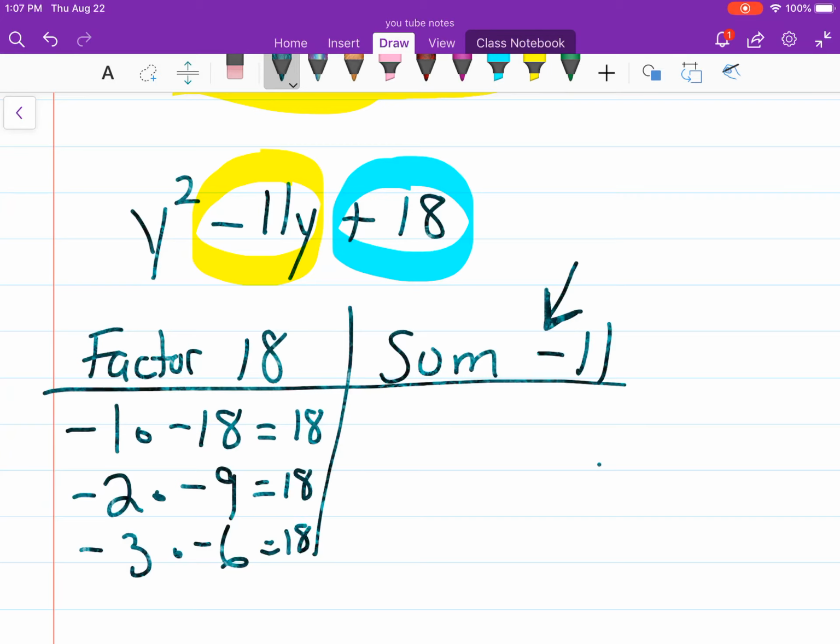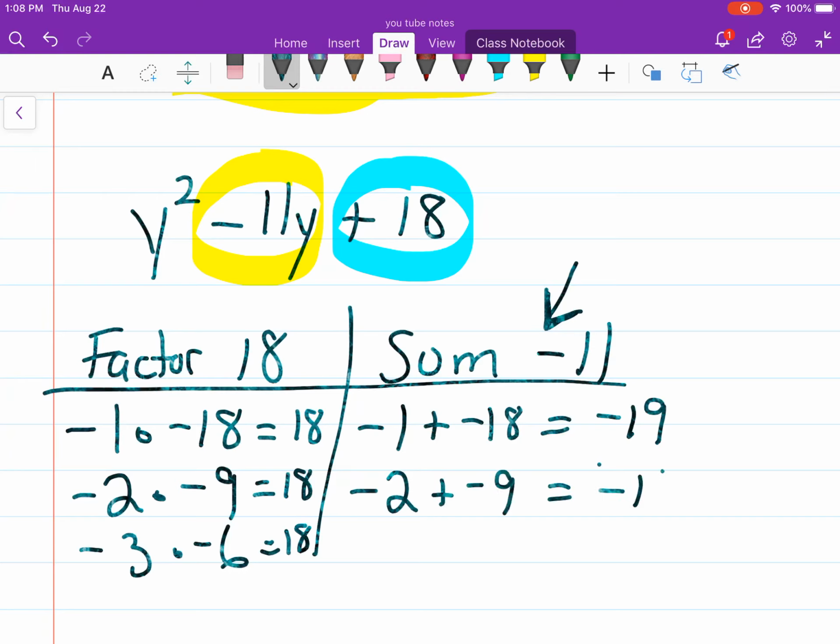All of those when multiplied together will give me 18. Now if I come over here and I sum them up, -1 plus -18 gives me -19. -2 plus -9 will give me -11, and -3 plus -6 will give me -9. What am I looking for?